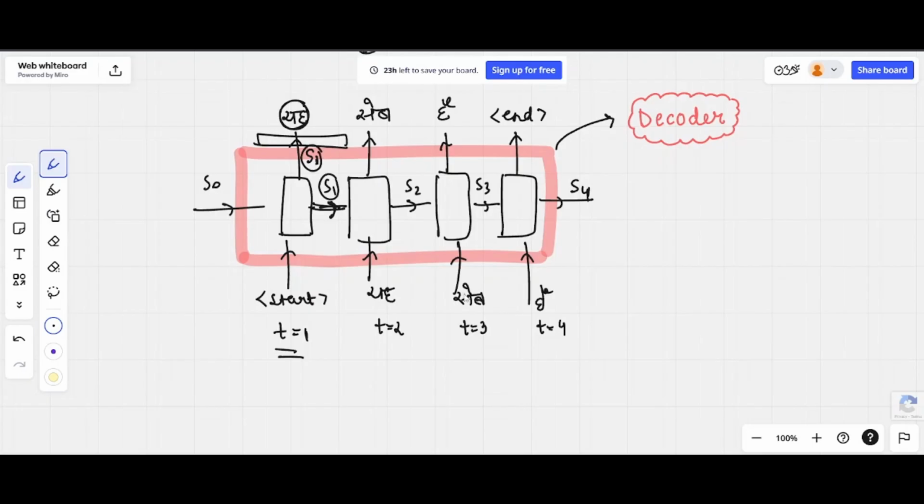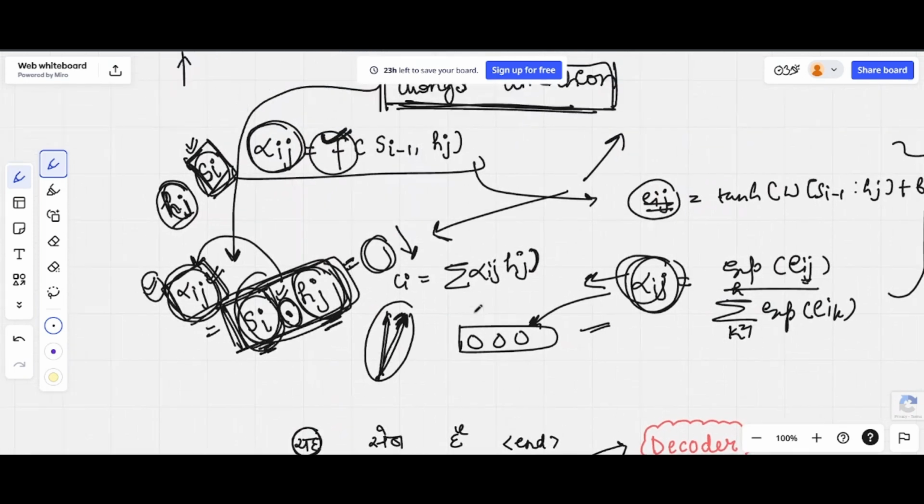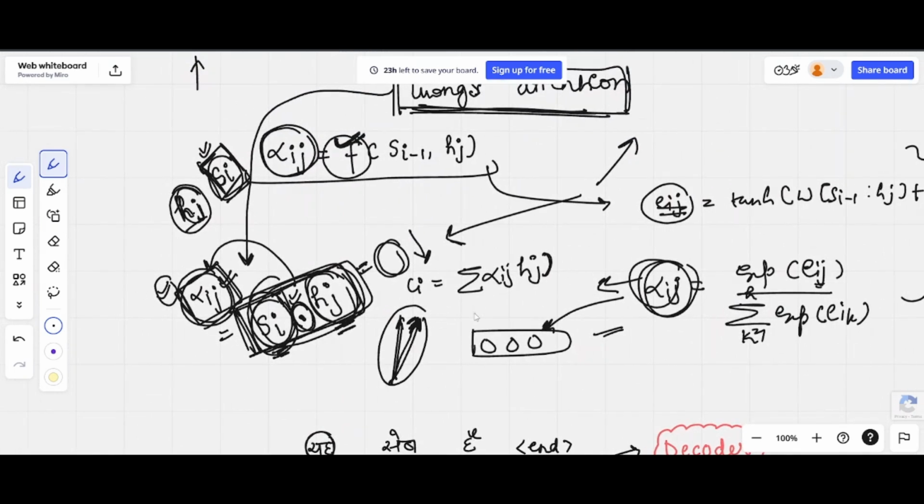So if we are at time step t equals 1, then the output is s_1. So that is why I'm saying that here this alpha_ij represents how important my hidden state is in obtaining the output s_i. And why am I finding out their dot product?